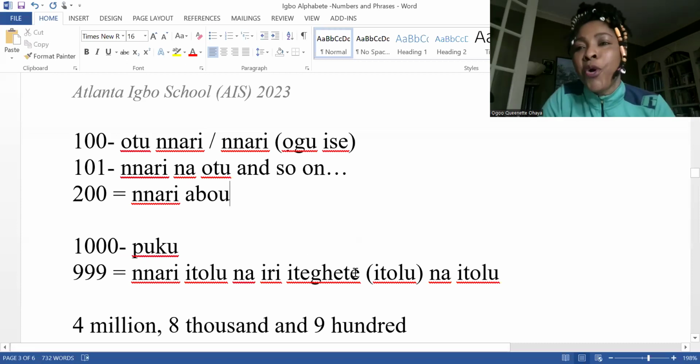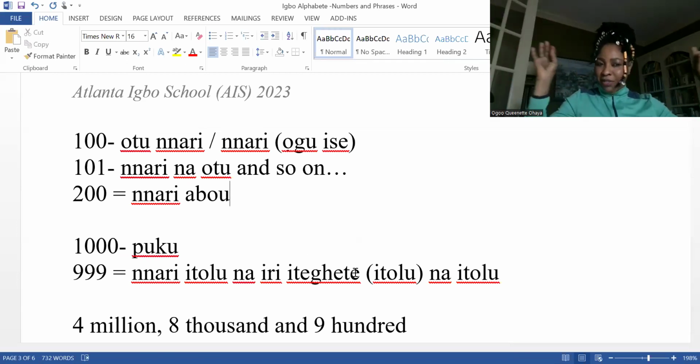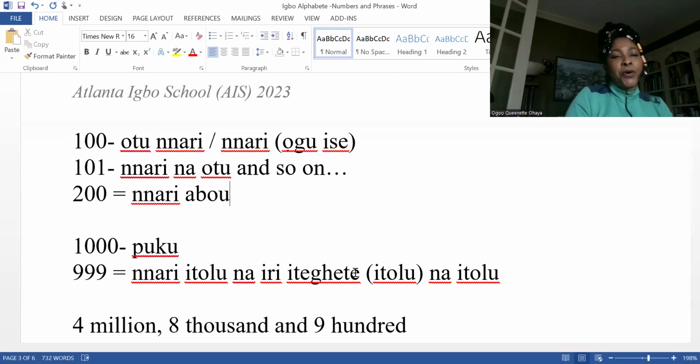Now, you keep counting until you get to 1,000. 1,000 is what? Puku. I want you to pay attention to that. So, when you count to puku, all right?